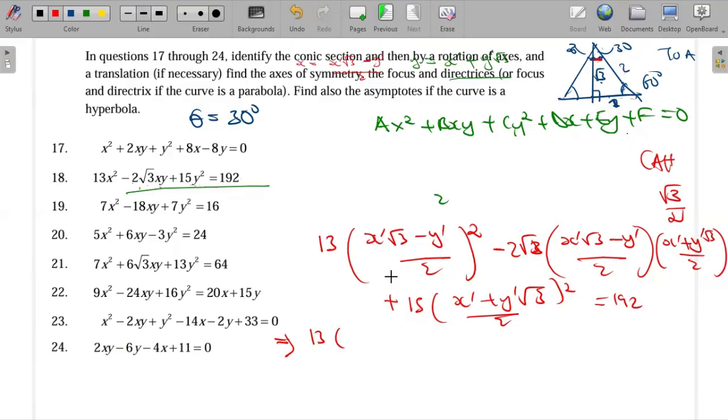Then by itself, because you have squared there, this is just 3x prime squared, and then you have 2 root 3 x prime y prime, so minus 2 root 3 x prime y prime. Then you have plus, because negative by negative is positive, plus y prime squared. Then of course to be over 4.